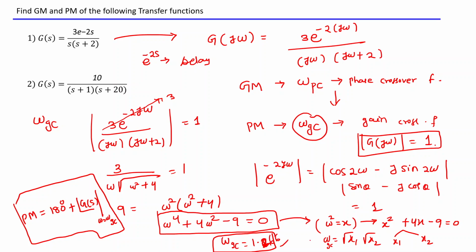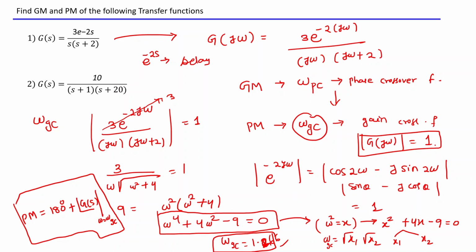1.266, okay. So now after finding this omega gc, you can verify everything, because MATLAB is a powerful tool. But in your examination it is not available, so you have to have hands-on experience in how you do all these things. Now you can see at omega gc of 1.26, the phase margin we got is negative.